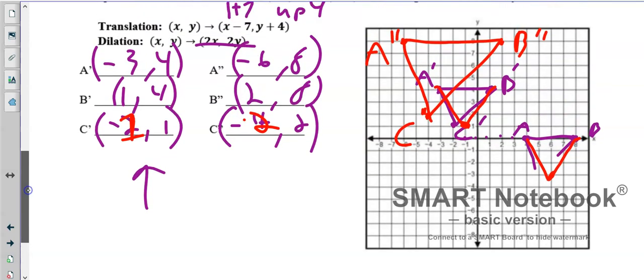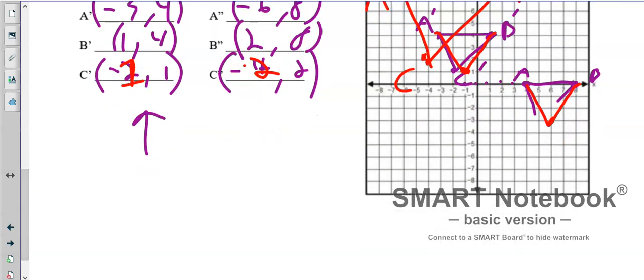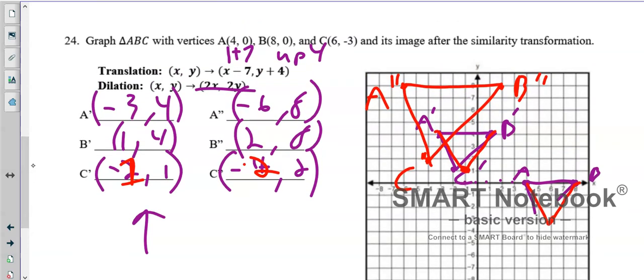So I've got to clean this up a little bit. So that should be (-2, 2), and it would be right here and look like that. So I knew something looked wrong, but I didn't catch it. And that's because I plotted this point right here incorrectly, which is again why we all make mistakes. Double check your work.